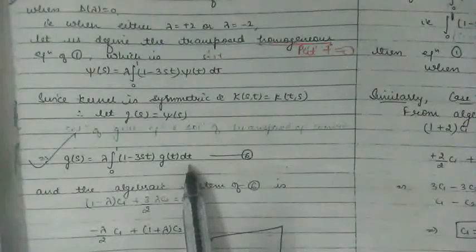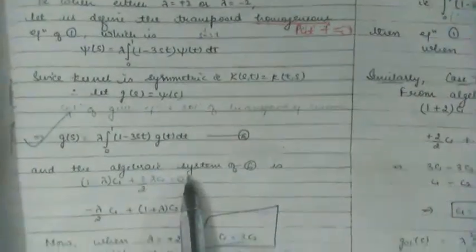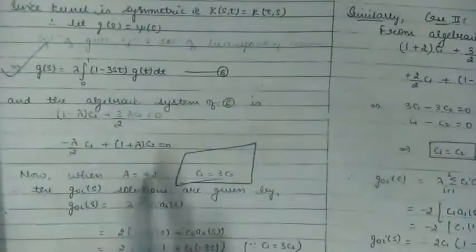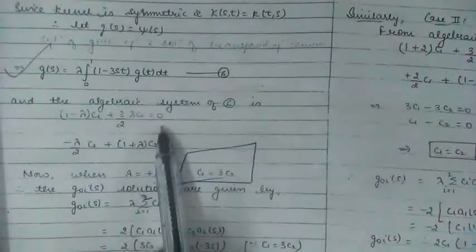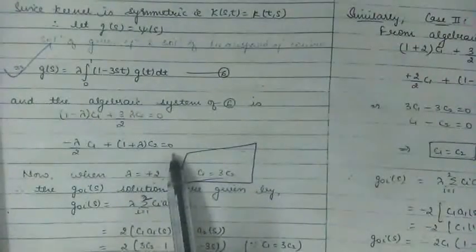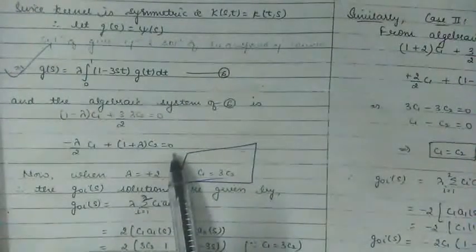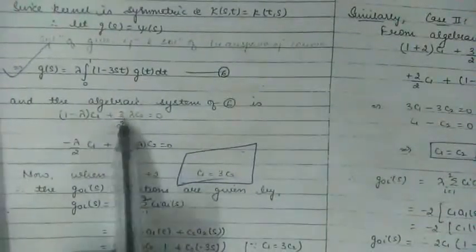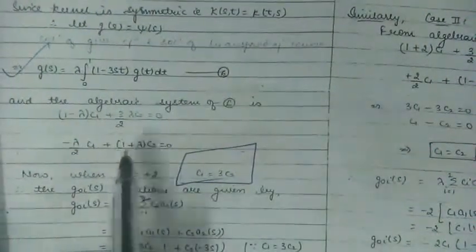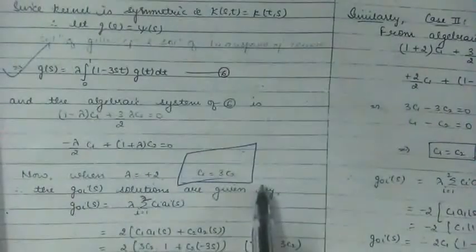Now let us form the corresponding algebraic system by taking f1 and f2 as 0 in the previous algebraic system, which was obtained for the inhomogeneous integral equation. Now we have the eigenvalues 2 and minus 2. Let us put lambda equal to 2 in any one of the two equations. From there we get c1 is equal to 3c2.